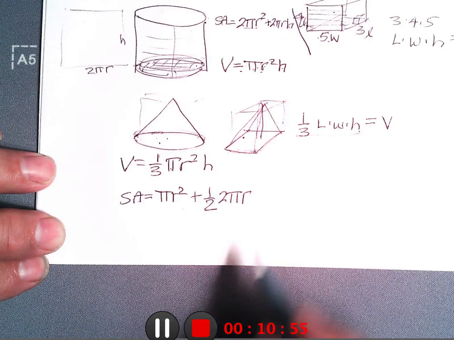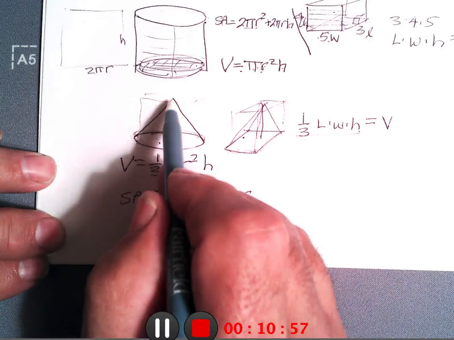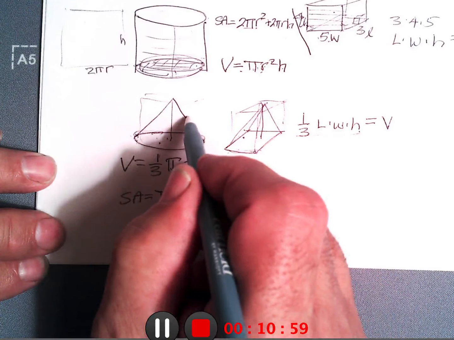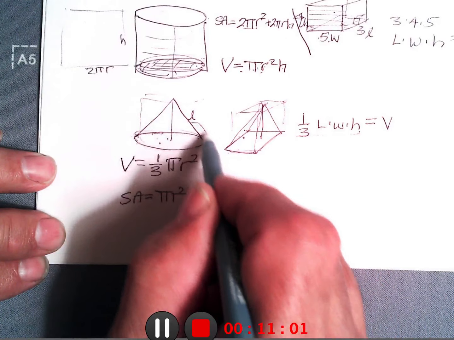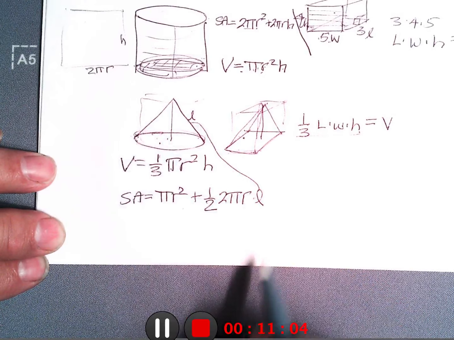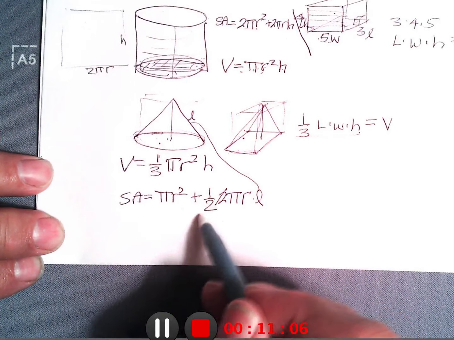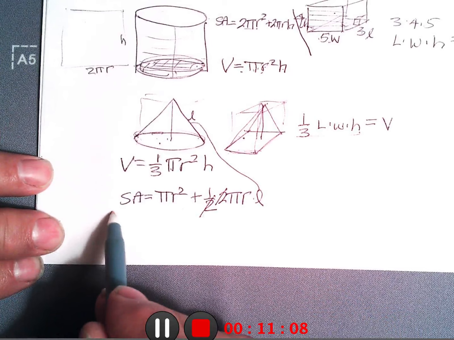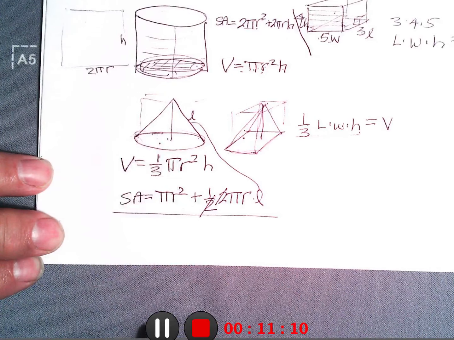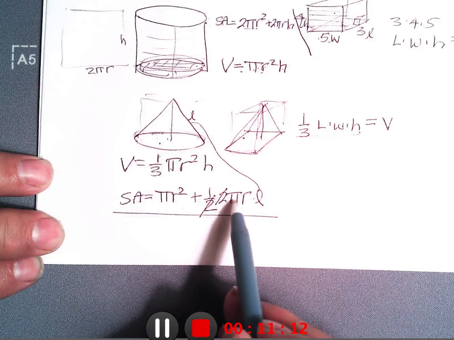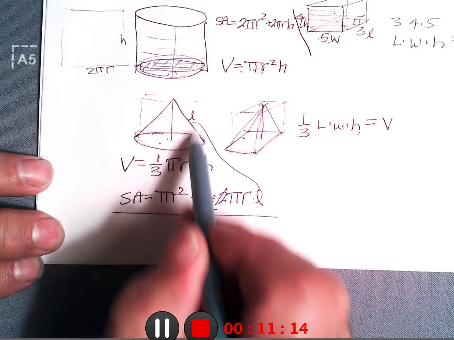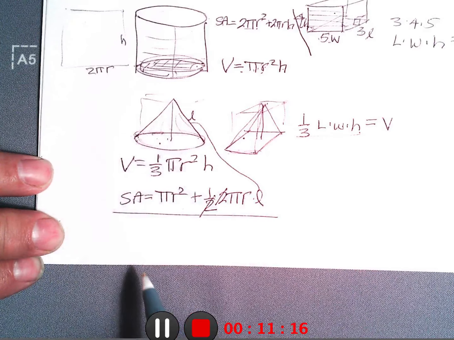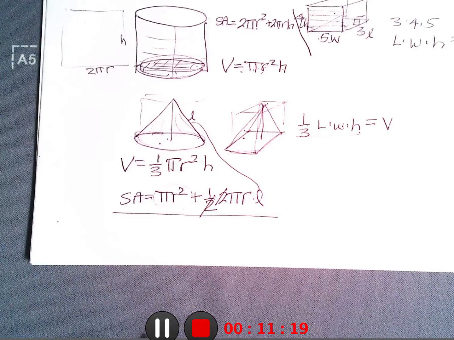Only this time it's not this height, but it's the length of this side. So that's the L. And the 2 and the half cancel, and so the surface area of a cone is pi r L. That's all the sides, all the way around, plus the bottom, the base.